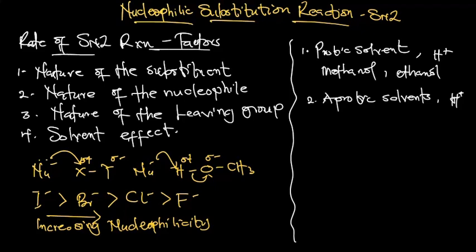So when we have the nucleophile coming in, it's not going to get coordinated by these protons, and it has a chance to actually act as a nucleophile instead of being a base. Some examples include DMF, acetone, DMSO. These are very good solvents that favor the SN2 mechanism.